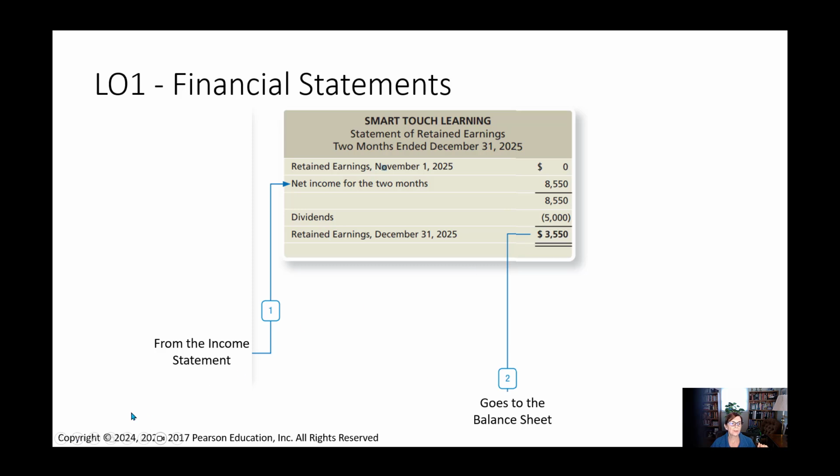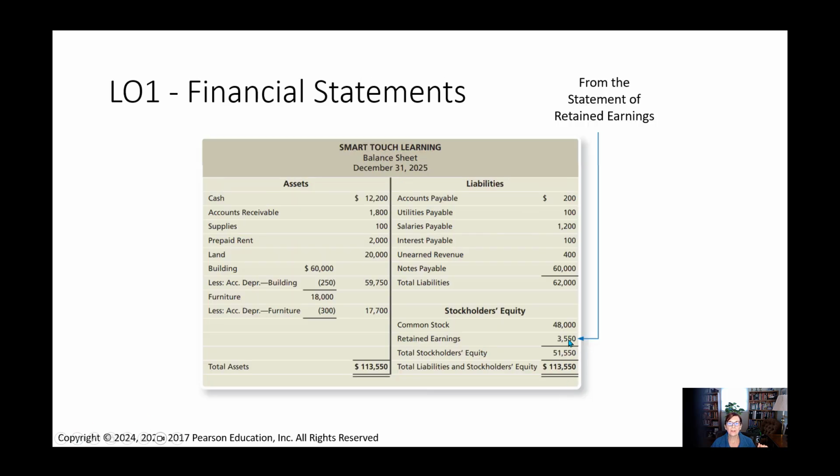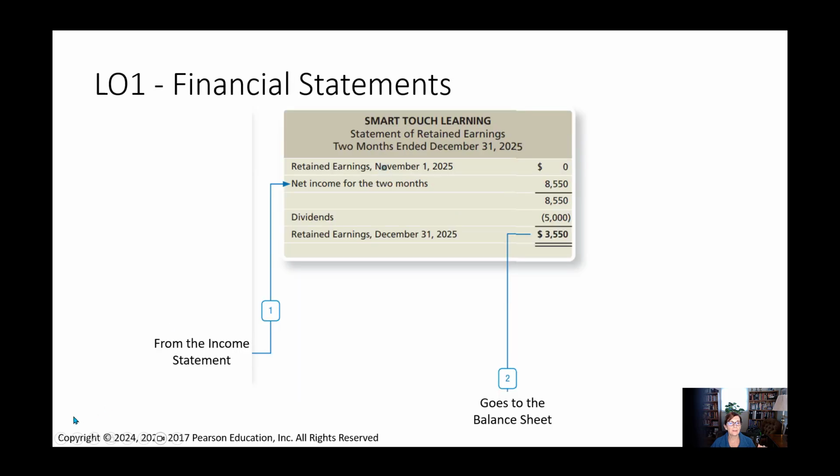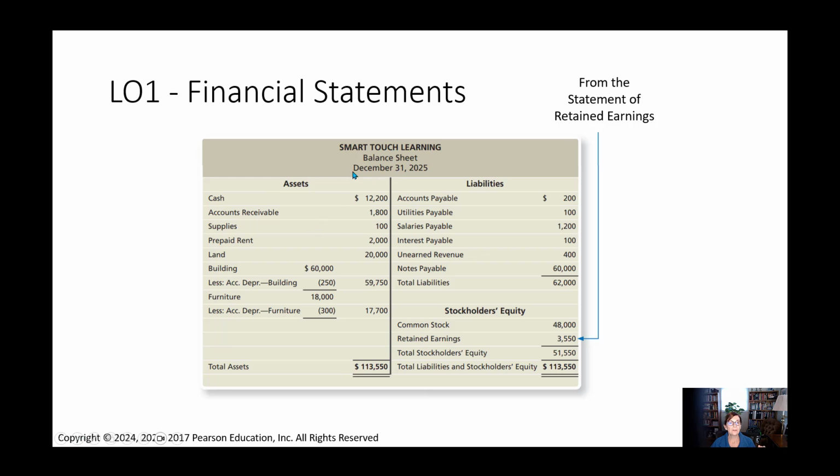All right, so our 3550 is our ending retained earnings, and we see that here on our balance sheet. Remember, the balance sheet is different from the other financial statements. The statement of retained earnings is for the 2 months ended. The balance sheet is a snapshot, a point in time. It is not over a period of time. So this is just December 31st, 2025.